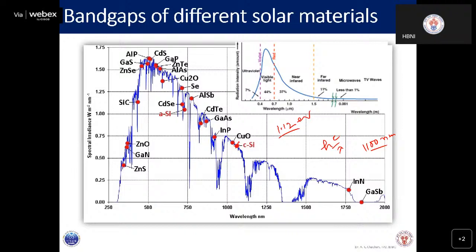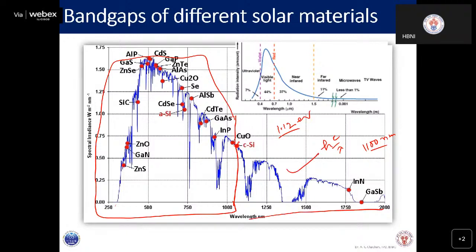Suppose this was my solar spectrum which I showed in the first slide. If I use a silicon solar cell, what will happen? Only this part of the spectrum will be absorbed, and this entire other part of the spectrum will be lost.